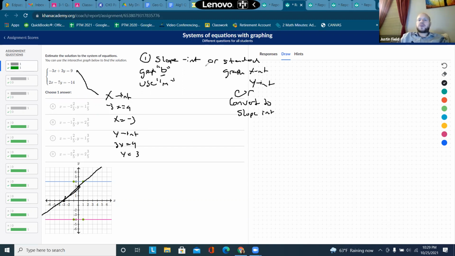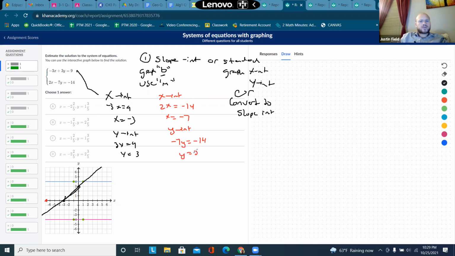I'm going to use another color for the other equation. So the x-intercept. Oh, because they're both in standard form. Hopefully you know that because we already did some assignments with standard form. So in this one, x would be -7. And then the y-intercept, -7y is -14.